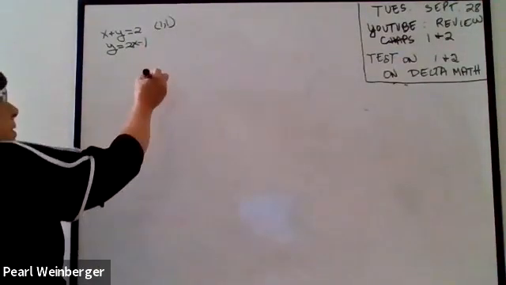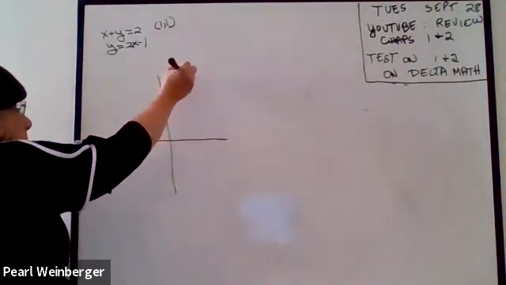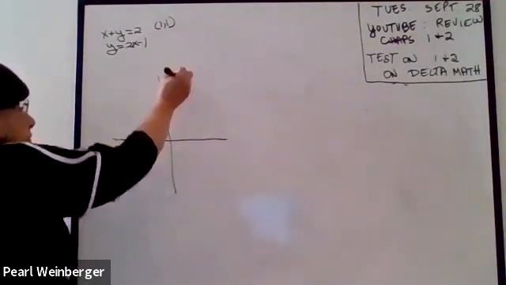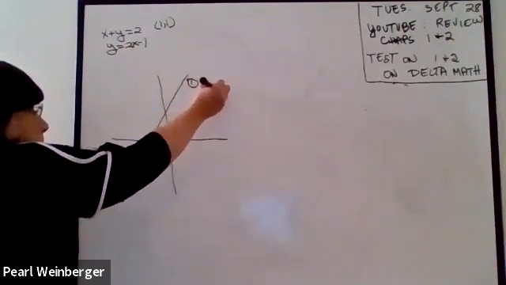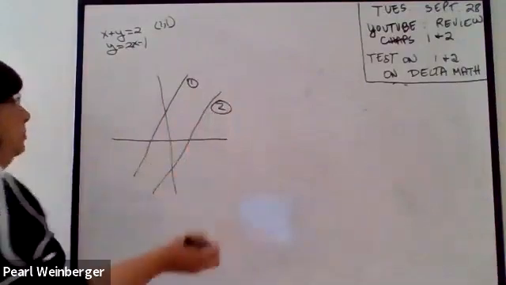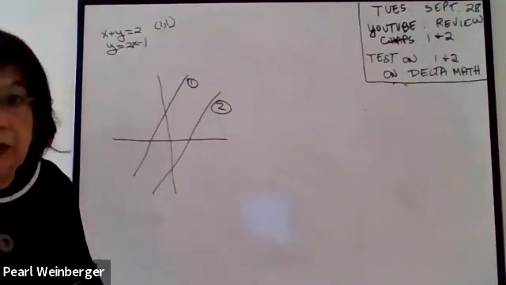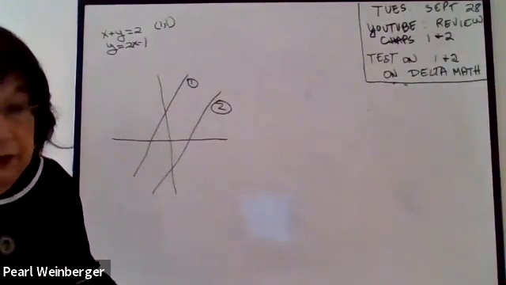Let's say one thing might have been that when I went to draw my lines, here would be my first line, and here would be my second line. And suppose when I drew those two lines, the lines turned out to be what we call parallel lines. They never meet.